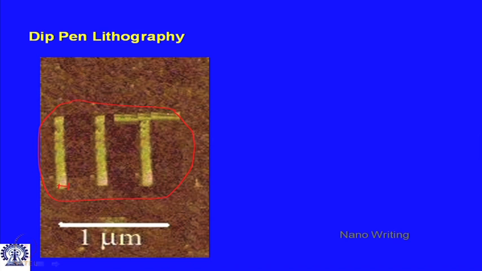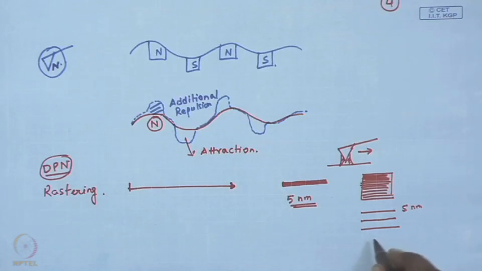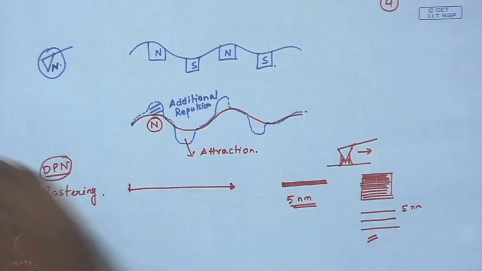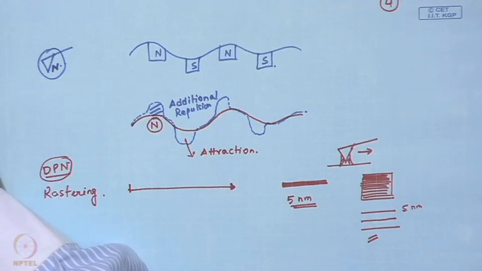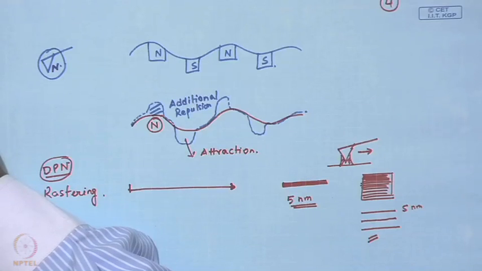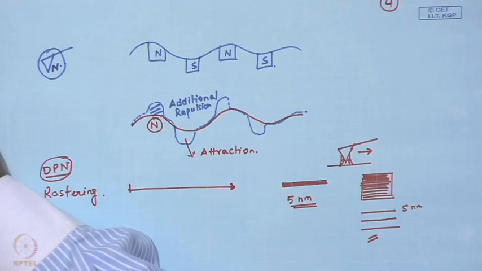So, the topographic contrast will be very little. You can't pick it up in the topography, but this becomes visible in the phase contrast image, which you already understand. So, you see that AFM can also be used for writing, something like nano writing.